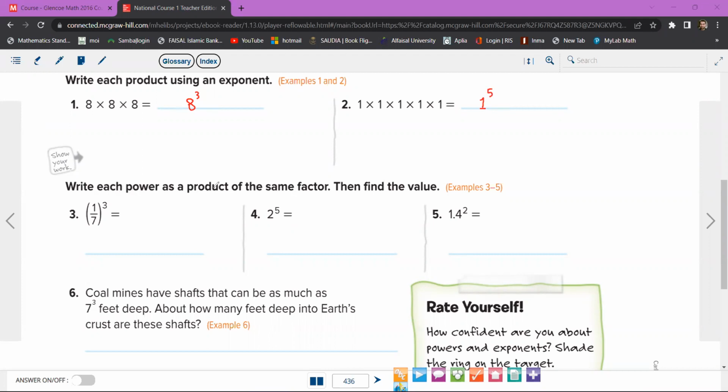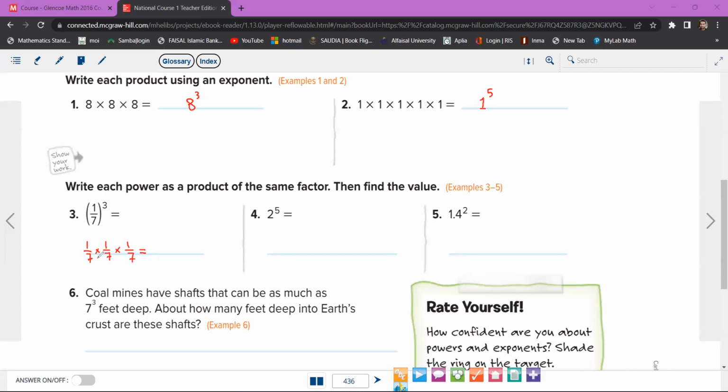Write each power as a product of the same factor, then find the value. 1 over 7 to the power of 3 is 1 over 7 multiplied by 1 over 7 multiplied by 1 over 7, 3 times.